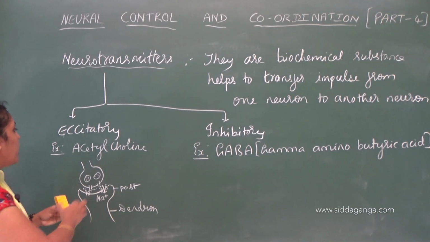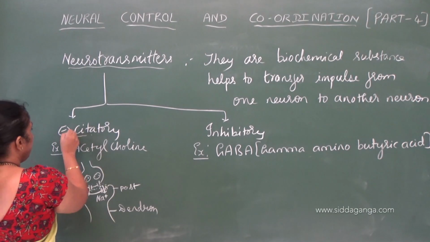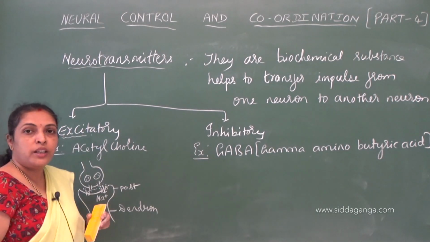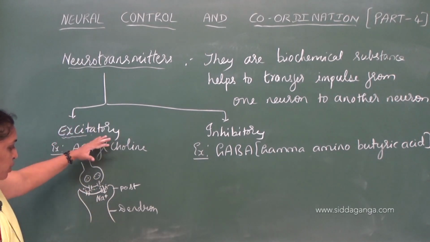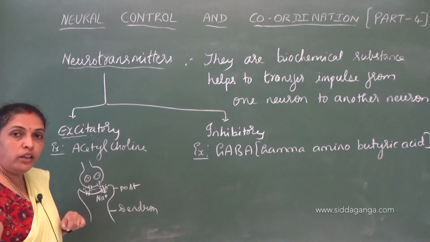That is how it acts as an excitatory. Excitatory means it helps to transfer impulse from one neuron to another neuron.